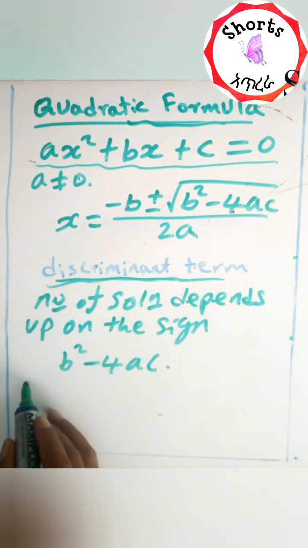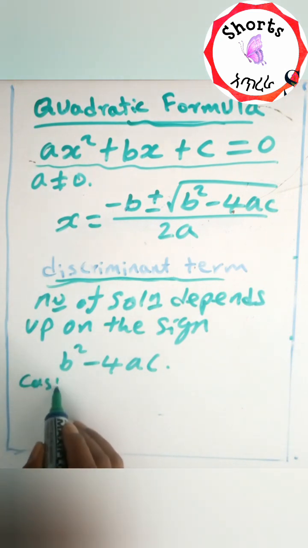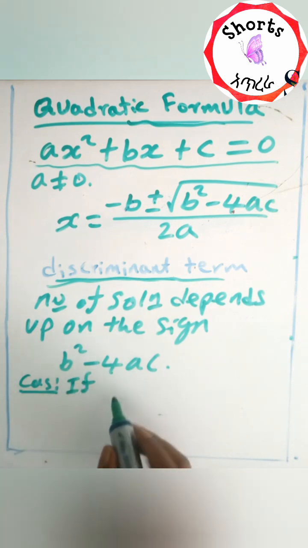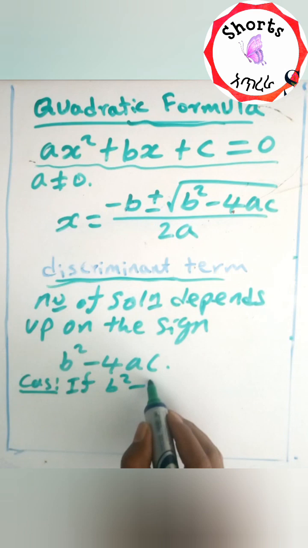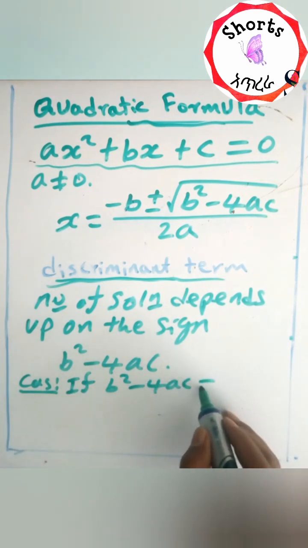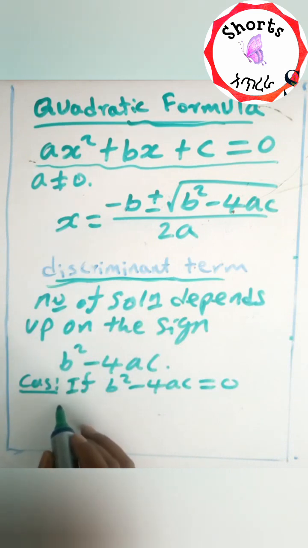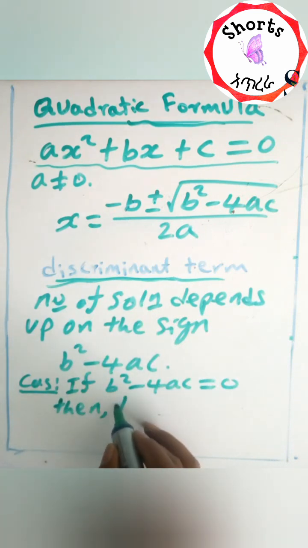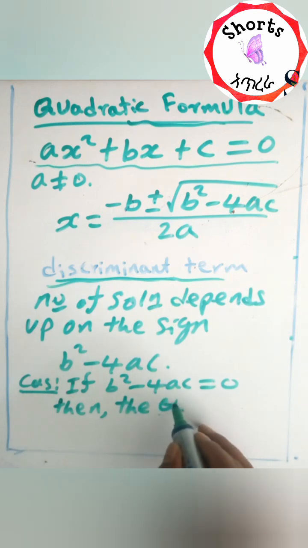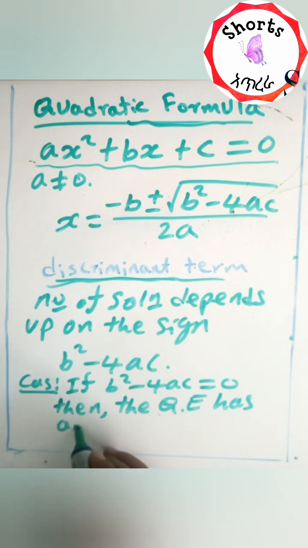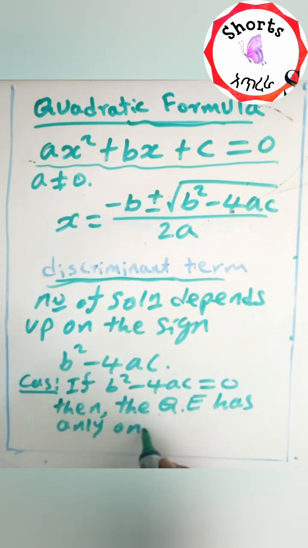The first case is case 1. If the discriminant term b square minus 4ac is equal to 0, then the quadratic equation has only one real solution.